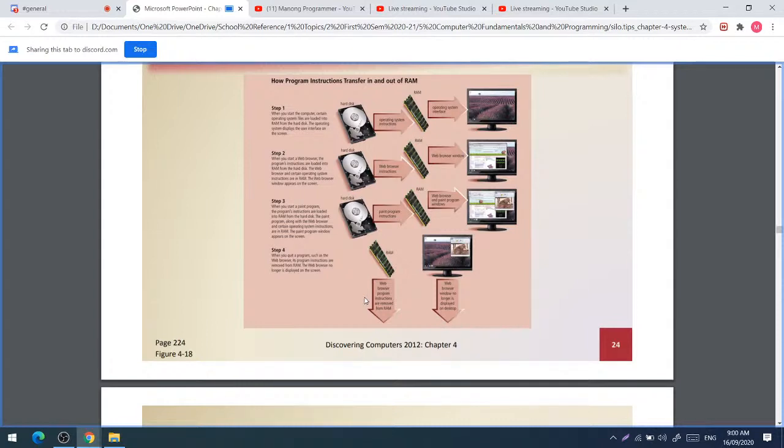From RAM, it will output onto our display, or the so-called screen. Then, when you open it, it will be placed in RAM and then output to the screen. The same with other applications. When you close that application, it will just be removed from RAM. If you edited something in that application, it will save it again to the hard disk.